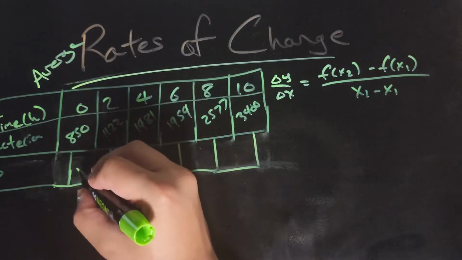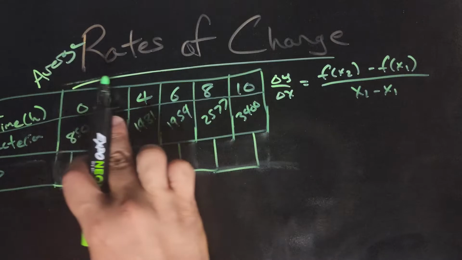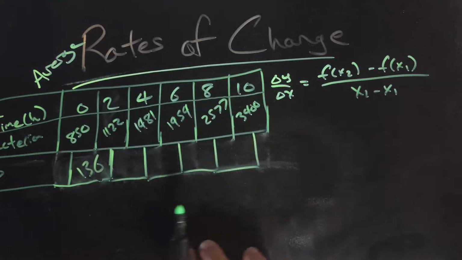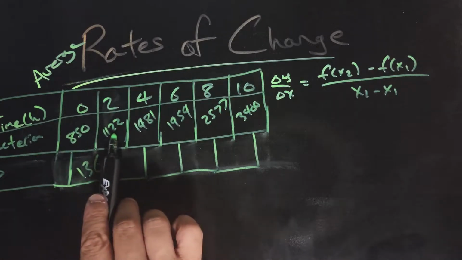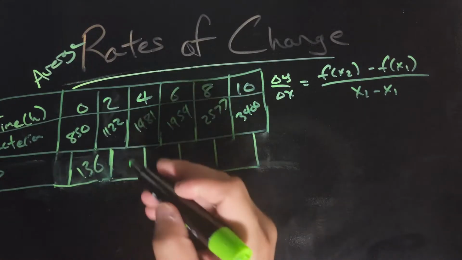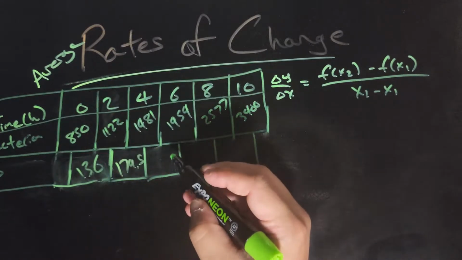So we found this one to be a 136 difference. Now you see the time is growing at a steady rate by 2. So all I need to do is take the difference between this value and that value and divide it by 2. So this one will give me 179.5.